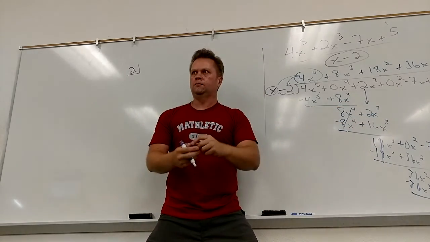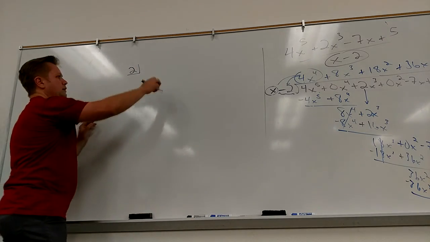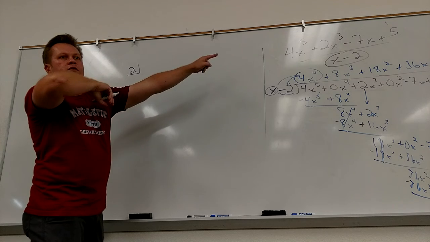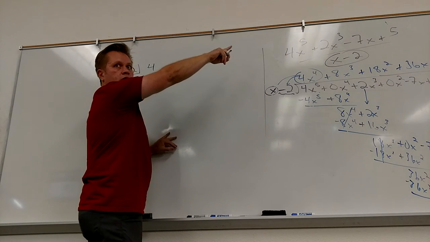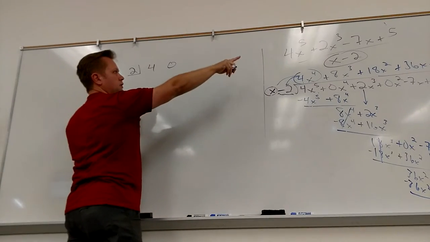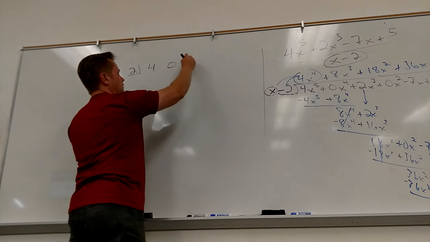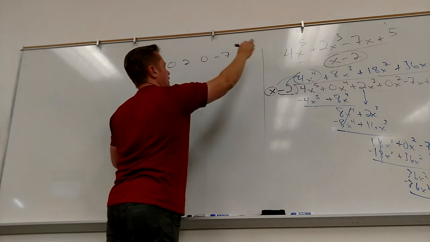That doesn't matter. It matters at the very end, but in the work it doesn't. So let me just write the coefficients. 4, 0, because there's no x to the 4. Keep going for me: 2, 0, negative 7, 5.